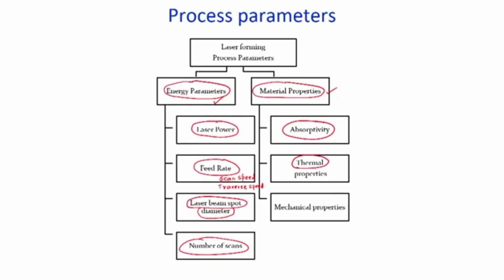Thermal properties such as thermal conductivity and specific heat need to be considered, and the strength of the material, that is the mechanical property, also affects the laser beam bending process. In addition to this, the material geometry parameters are also affecting, and the most prominent parameter is the thickness of the material. So, let us see the effect of these parameters one by one.